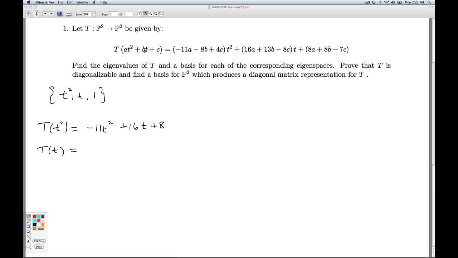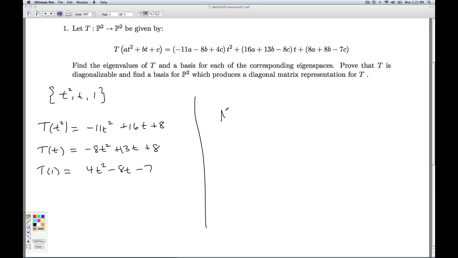T of t, b is 1, a and c are 0: negative 8t squared plus 13t plus 8. And T of 1, a and b are 0, c is 1: I get 4t squared minus 8t minus 7.